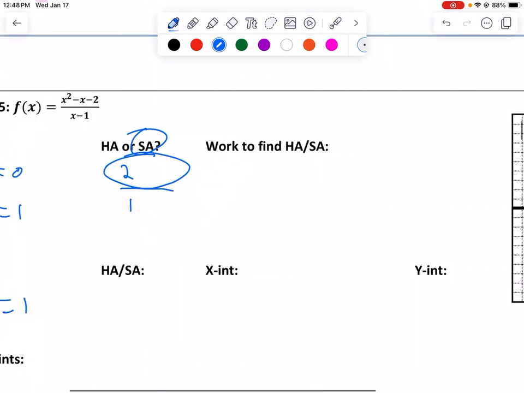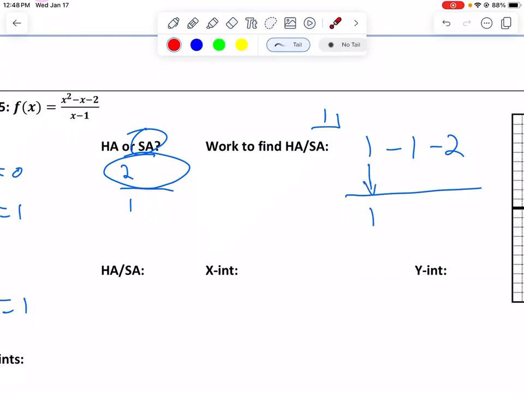And so we are going to use synthetic division. That's the coefficient, so 1x squared minus 1x minus 2. And then we use the opposite of what's in the bottom, so positive 1. And we're running it through this. So we're going to say 1 times 1 and get 1.